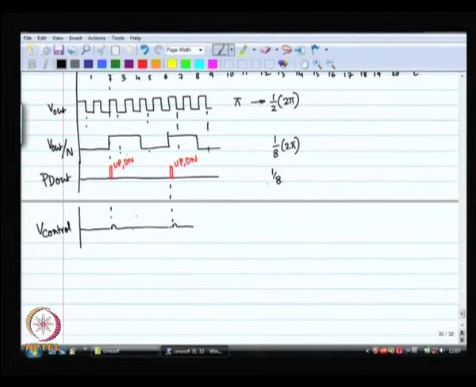Is that understood? Why is there that little glitch over there?